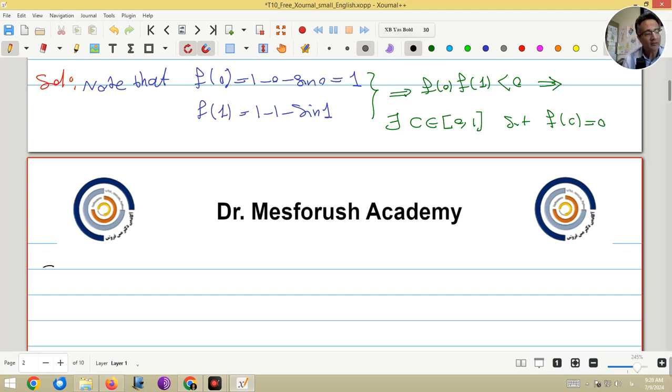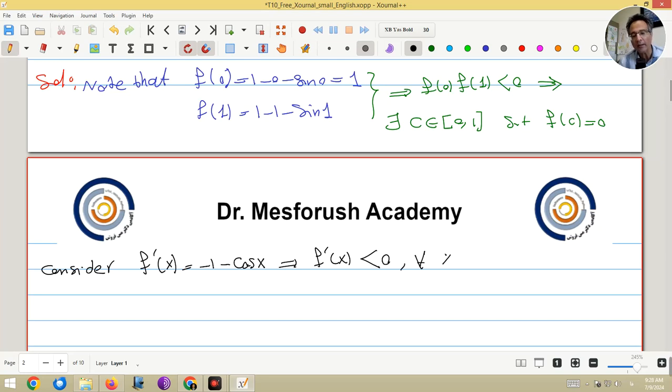To this end, consider f'(x). f'(x) is -1 - cos(x). And we know that f'(x) is less than 0 for all x in the interval 0 to 1, closed of course.